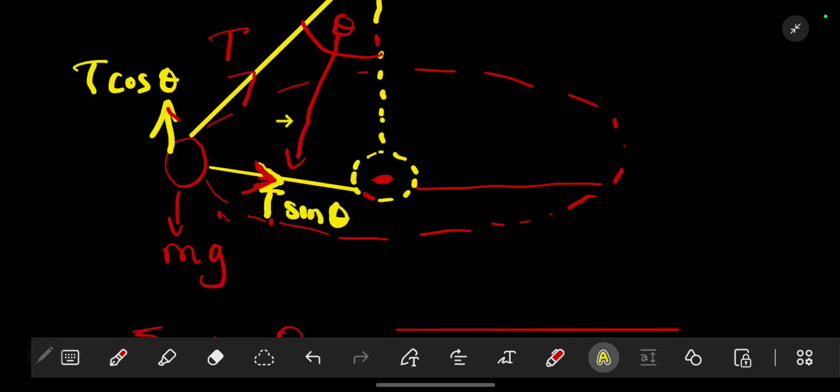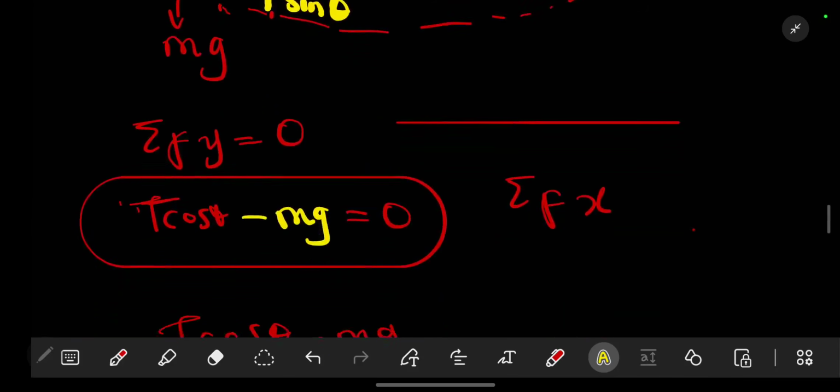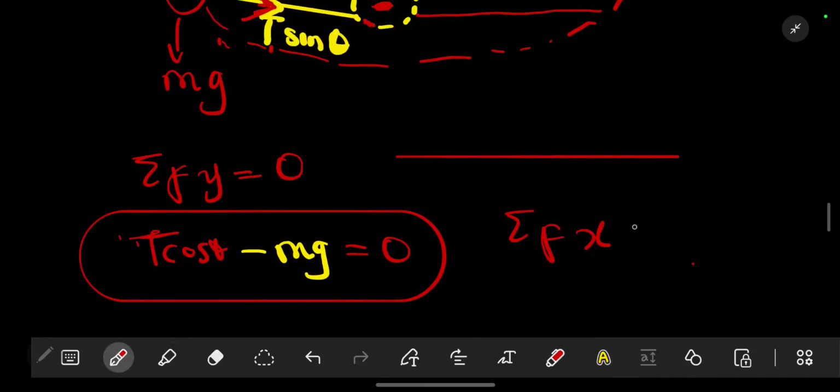So it provides the centripetal force. Remember, centripetal force is the force that causes an object to move in a circular orbit.